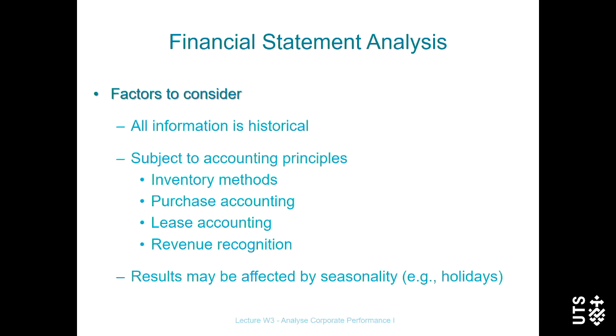This will be more evident in some industries than others, and I would add to this that seasonality could also be economic cycles. So here we're saying holidays as an example, right? Which is something that would happen every year. But then you have economic cycles, and you have industries and companies that are pro-cyclical.